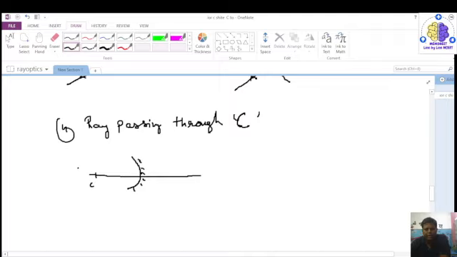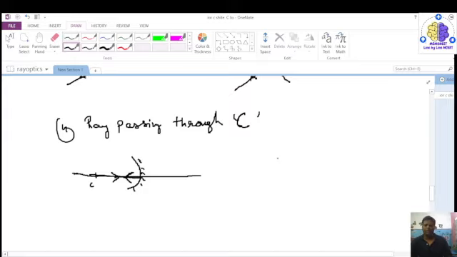So, a light ray, if it passes through the center of curvature like this, right? So when a light ray is passing through the center of curvature, it will always be normally incident, and if it is normally incident, it will retrace its path, right?